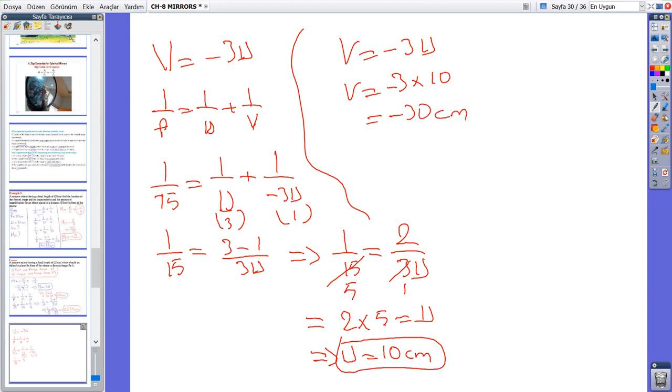Negative means the virtual image. The answer is v equals 30 centimeters, negative, showing a virtual, erect and magnified image.